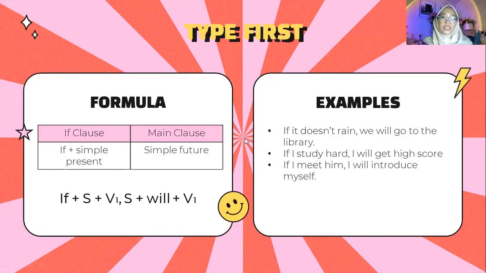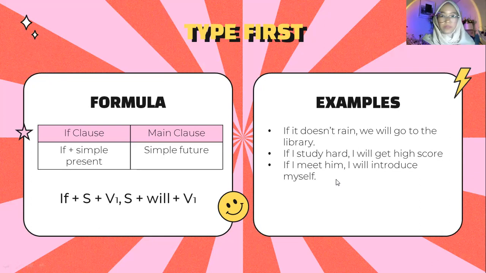The formula is simple present and simple future. Simple present for the if clause and simple future tense for the main clause. If plus subject plus verb 1, comma, subject plus will or shall plus verb 1.